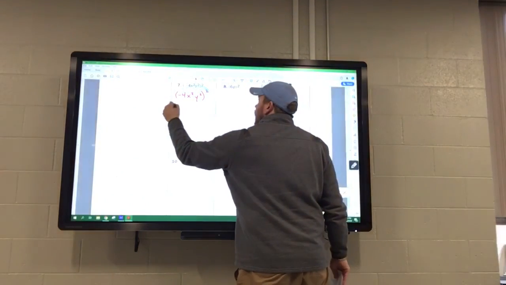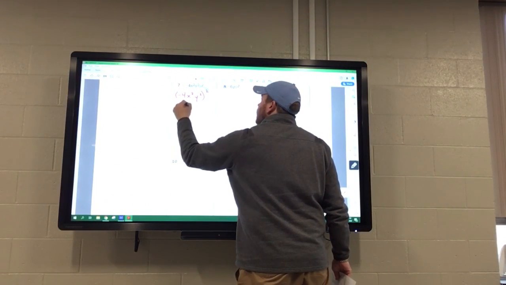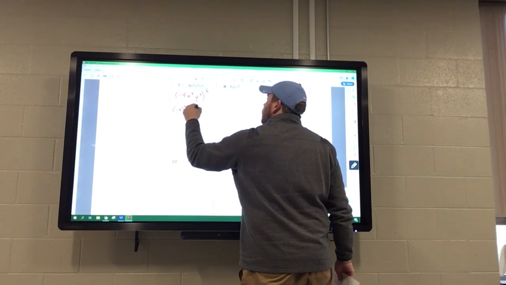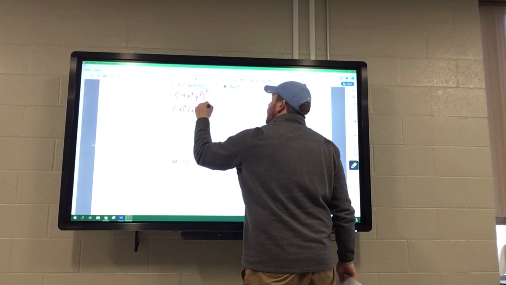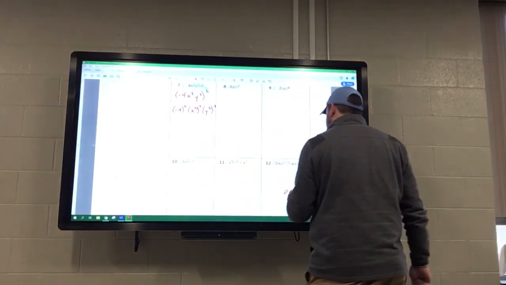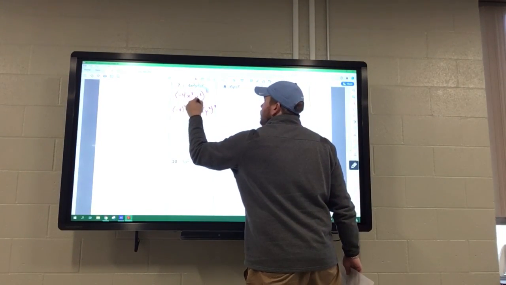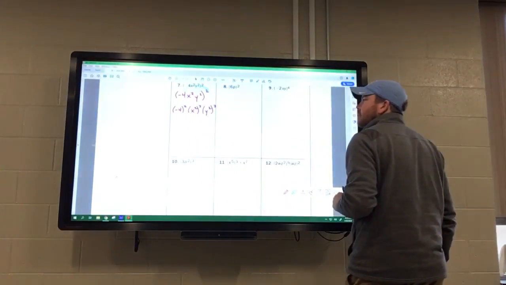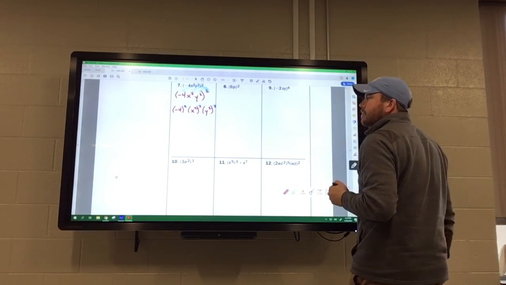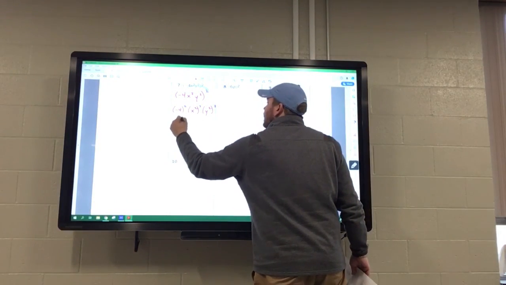So, we'll have negative 4 squared, we'll have x squared squared, and we'll have y squared squared. And again, that's because that squared is being applied to every piece of the term. Negative 4 squared is 16.